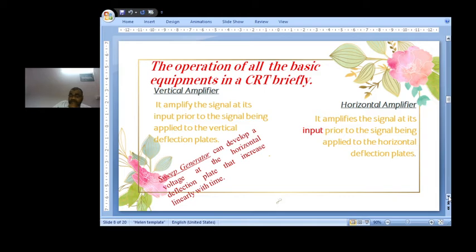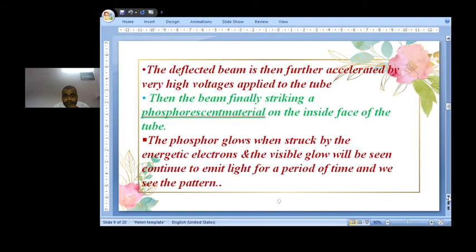And the sweep generator develops a voltage at the horizontal deflection plate that increases linearly with time. A deflected beam is then further accelerated by very high voltages applied to the tube.